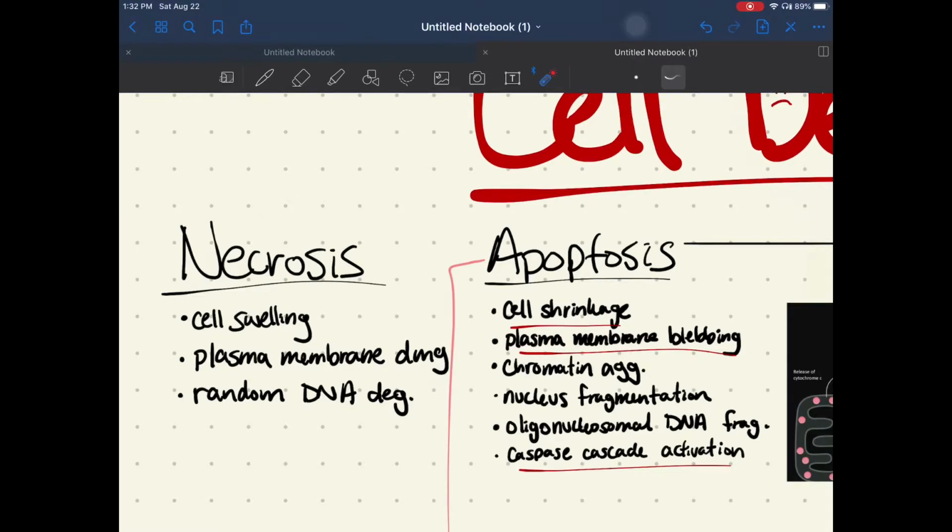And when it pops, everything inside of that cell comes rushing out, including things like lysosomes and proteasomes. That actually hurts the surrounding environment because things like lysosomes have very, very low pHs. So that's why, from plasma membrane damage, you would get some really bad effects to your neighboring cells. Okay? I hope that makes sense.